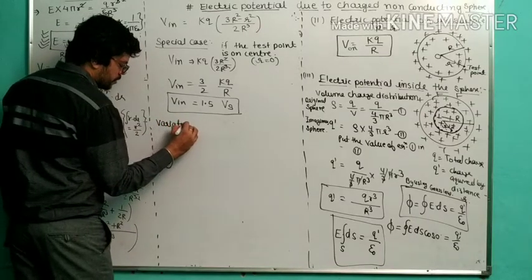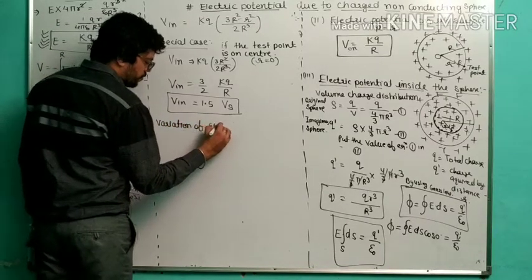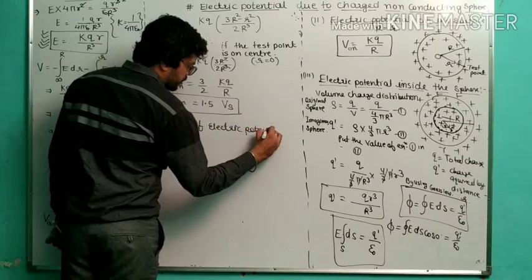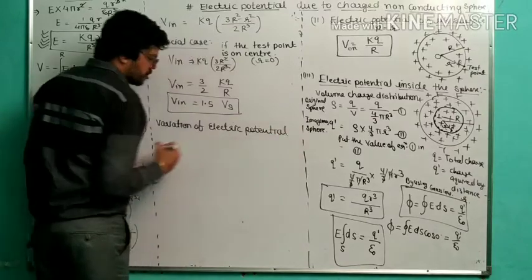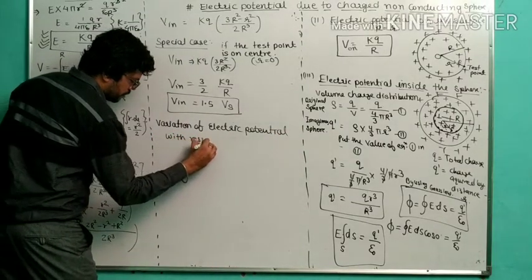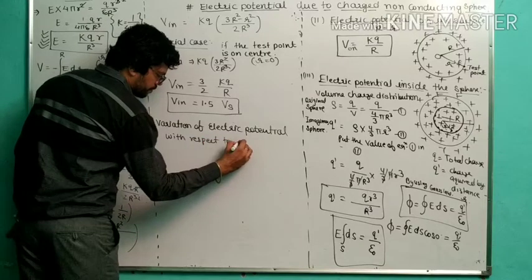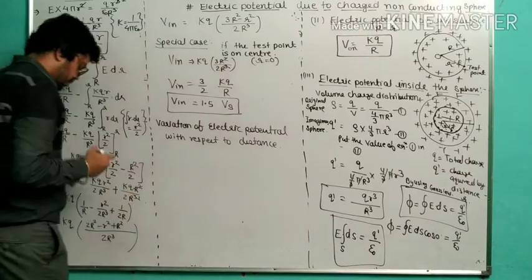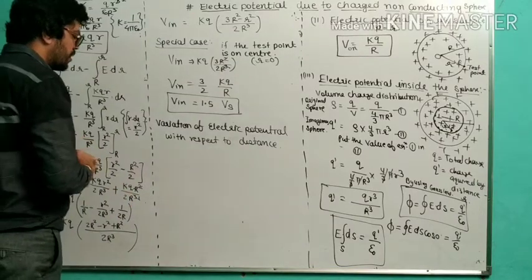Now we are talking about the graph: variation of electric potential with respect to distance. Okay, so let's draw the graph first.